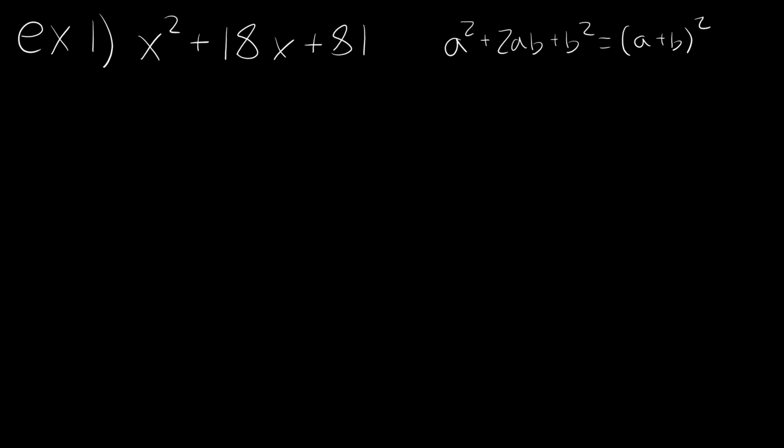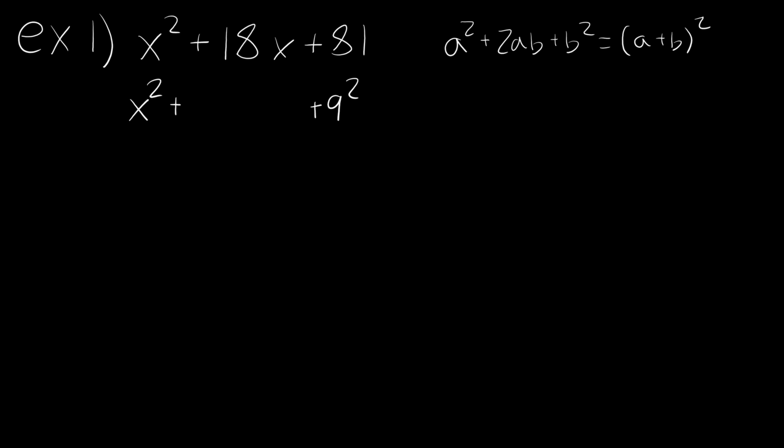So for example 1, we have x squared plus 18x plus 81, then the formula over here. So notice how the first and last term are perfect squares. So we write x squared plus, and then 81 we could write as 9 squared. And then notice how 2ab, so 2 times 9 is 18.